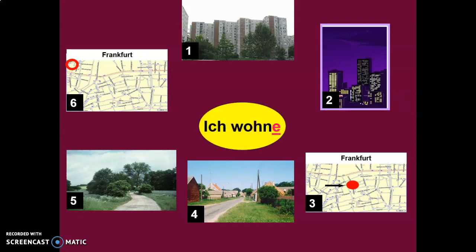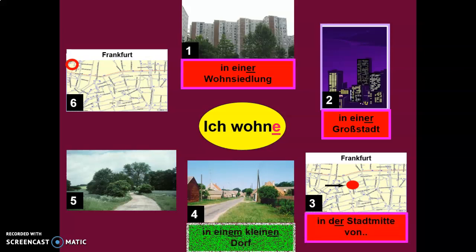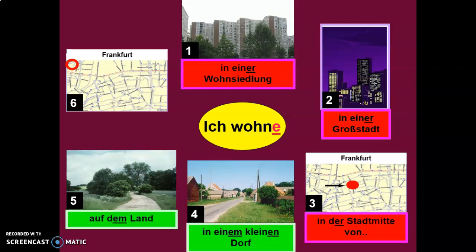Ich wohne. So here we've got a little bit new vocabulary. In einer Wohnsiedlung. In einer Großstadt. In der Stadtmitte von. In einem kleinen Dorf. Auf dem Land. Am Stadtrand von.